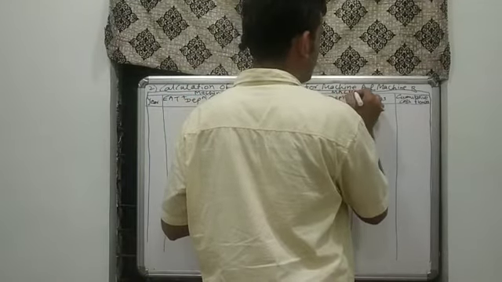Therefore, depreciation for machine A is equal to cost divided by life, that is 56,125 divided by 5, which equals 11,225.